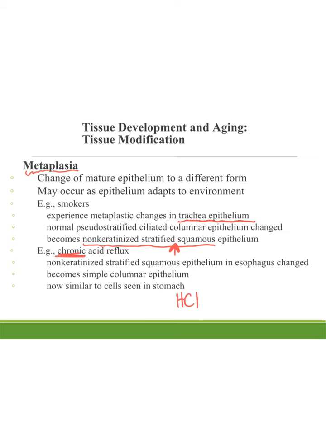So the stomach has goblet cells, which form a lot of mucus, which help line and protect the simple columnar epithelial cells of the stomach. So basically you're going to develop the same thing in the esophagus. So you're going to have the simple columnar with the goblet cells to help protect the esophagus from the strong acid.